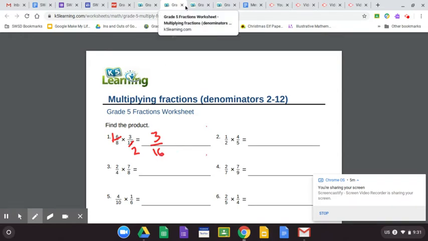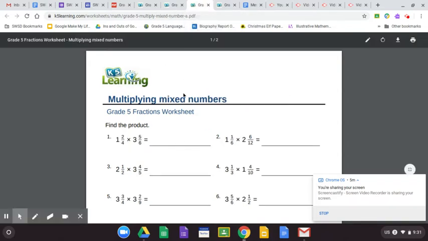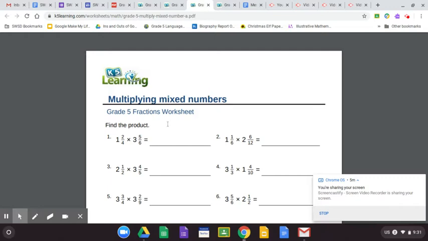Okay, so the last one then is multiplying mixed numbers. So the first thing for this is you have to change your mixed numbers into improper fractions. So to do that, I have to do the denominator times the whole number, so 4 times 1 plus 2. So you add your numerator.